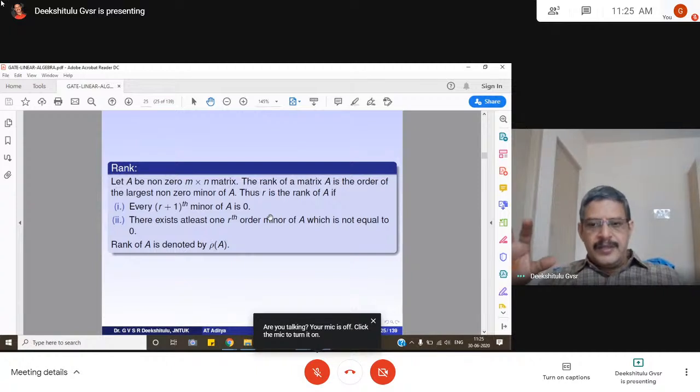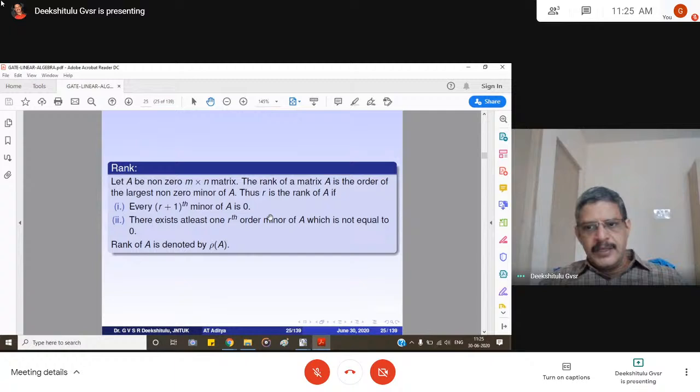So if you take a 3 by 3 matrix, you will be having 2 by 2 minors and the largest minor is 3 by 3. That is the determinant. If the determinant is not equal to 0, then the order of that minor becomes the rank of the matrix. If the determinant is 0, then we will have 2 by 2 minors.